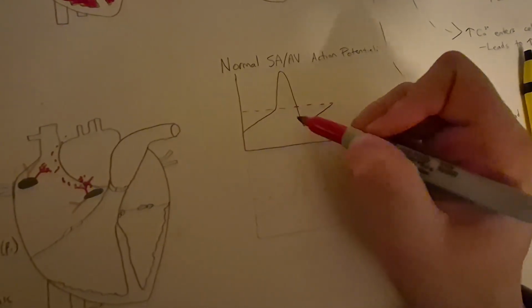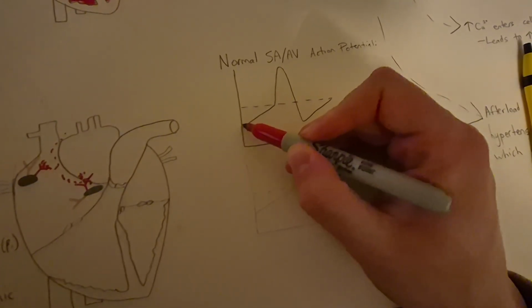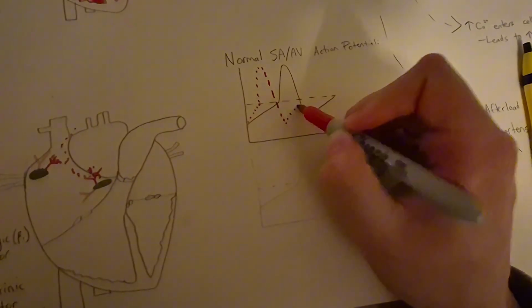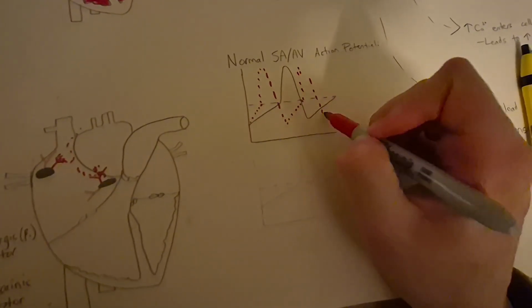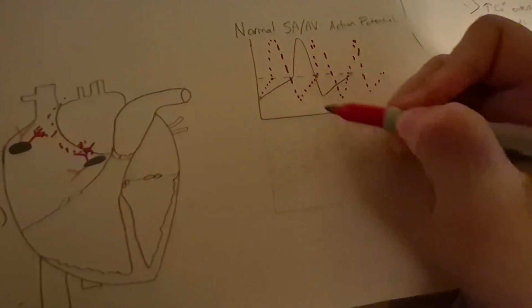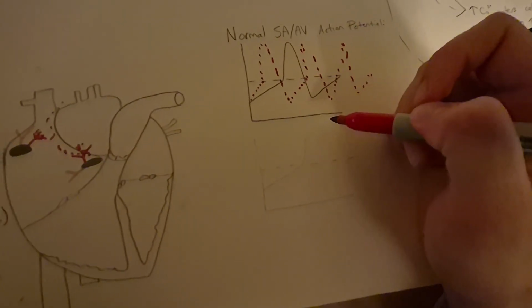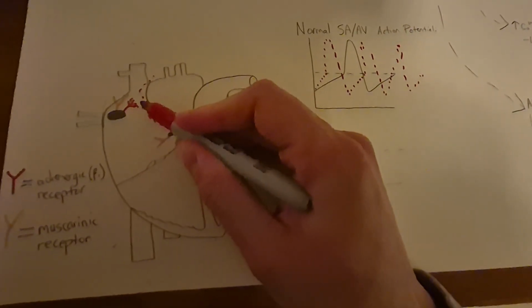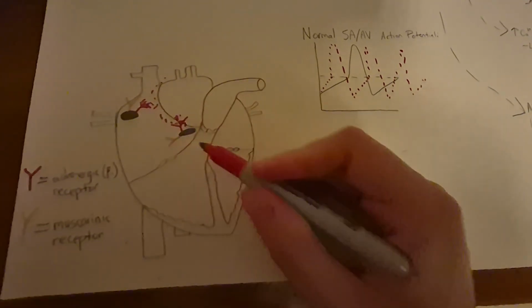So instead of looking like this in the normal way, it's going to look like this. You see how that works? You see how we're increasing the frequency of action potentials, the amount of action potentials, because we're increasing heart rate through this sympathetic stimulation from the norepinephrine and the epinephrine.